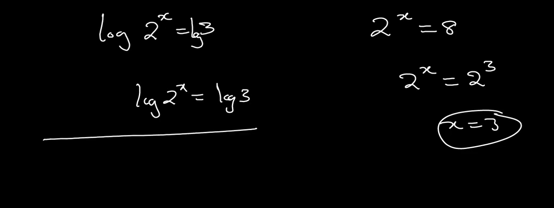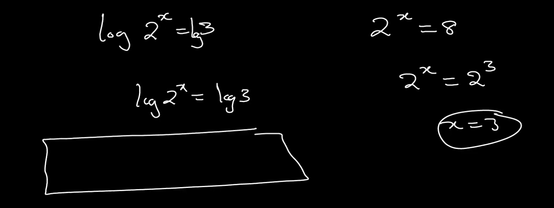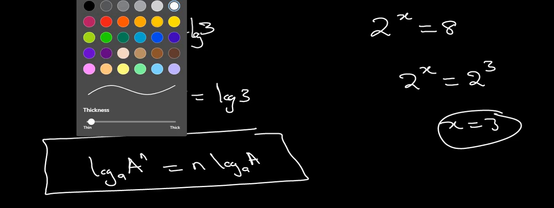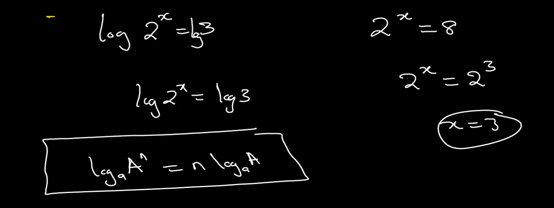There's a rule, remember, that says if you have log a to the power n, this here is the same as n times log a. So that's why we're saying the x is going to come down. This is the same as x log 2 is equal to log 3.